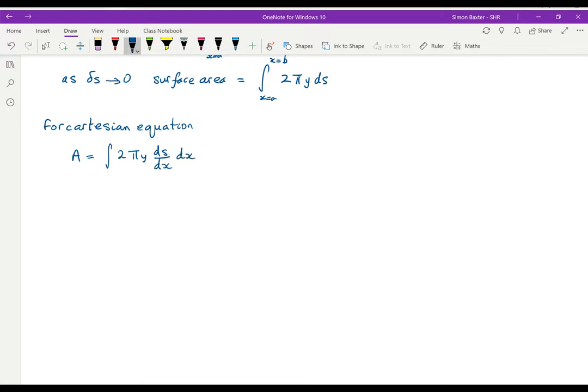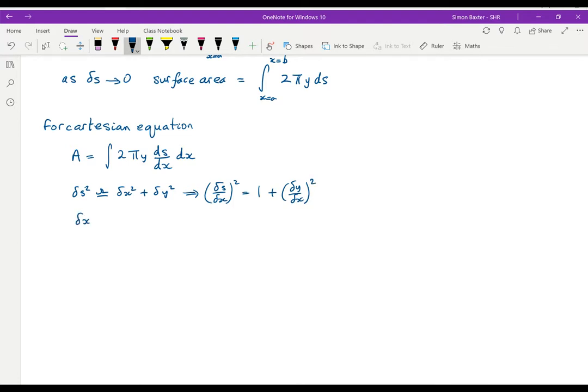If we remember that delta s squared is approximately equal to delta x squared plus delta y squared, dividing both sides by delta x squared, we get 1 plus delta y by delta x squared.